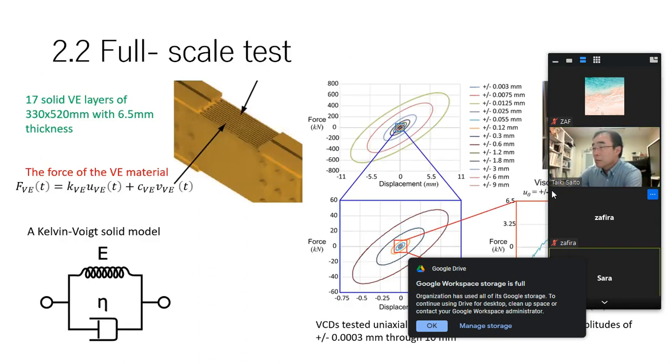The next one is the full scale test. From this picture, I understand that there are solid viscoelastic layers here. In the picture above, the full scale test was performed at a frequency of 0.50 Hz at 3 amplitudes.